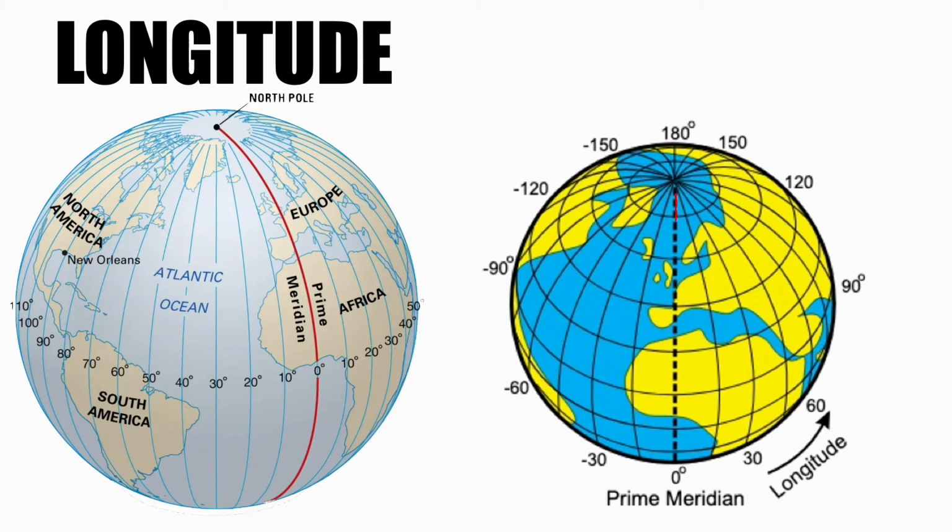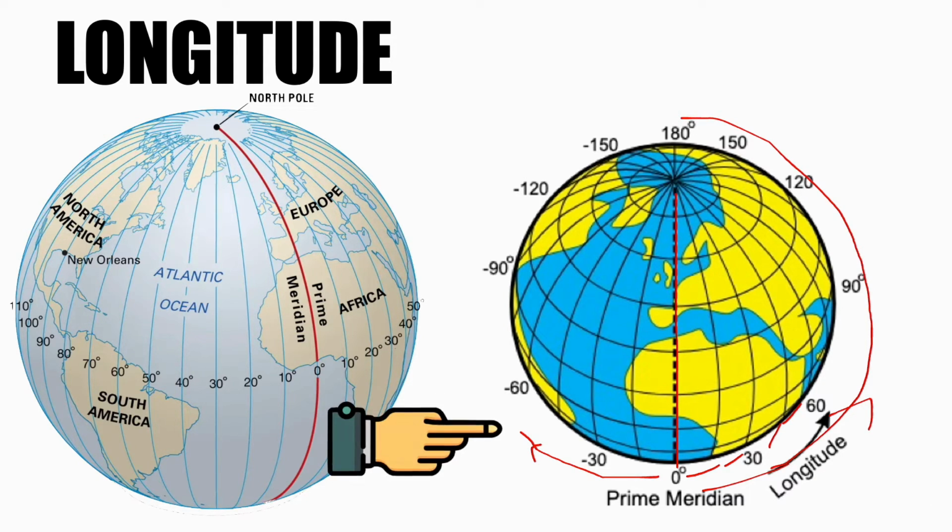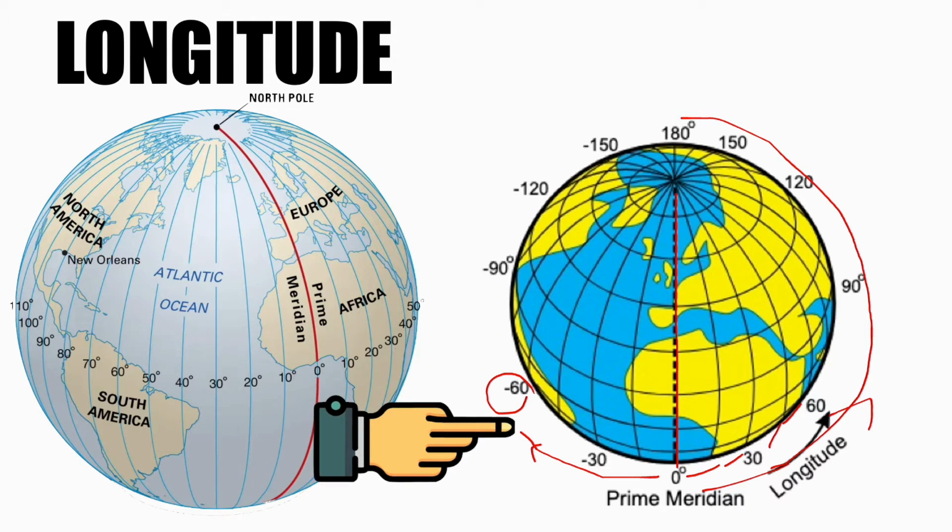So the prime meridian is where we say it is 0°, and as we move east from the prime meridian it is 15, 30, 45, 60, and it increases till 180. Similarly, if we go towards the west side from the prime meridian, it will become -15, -30, -45, -60, and it extends till -180.